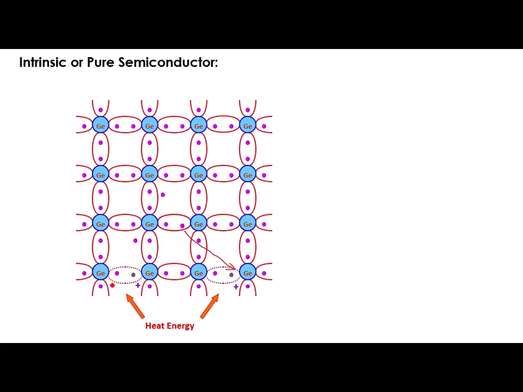So, as a whole, when you are supplying heat energy to a single crystal of germanium or silicon, one excitation process is happening in which electrons from the covalent bonds of germanium will be excited to make them free. At the same time, a deficiency of electrons will be generated at the same place, and these deficiencies of electrons are called holes.